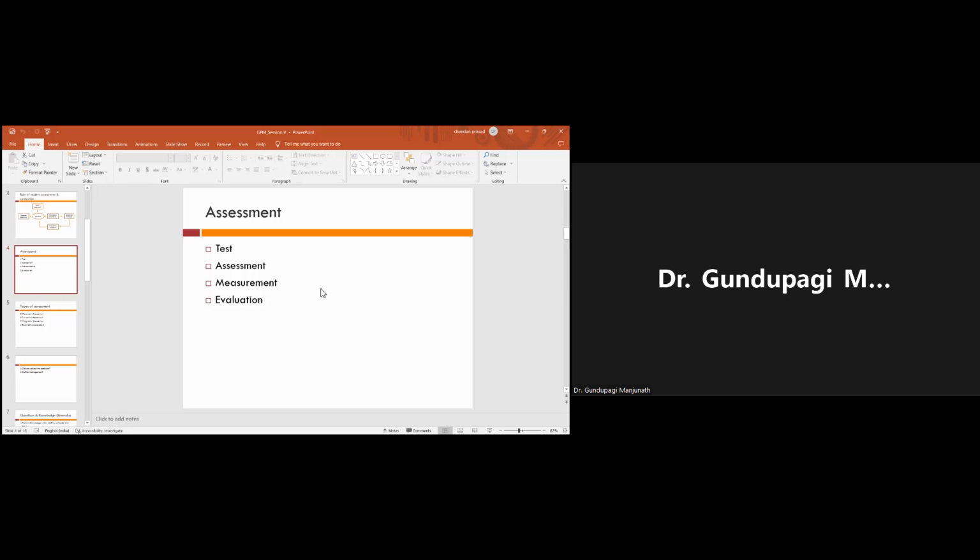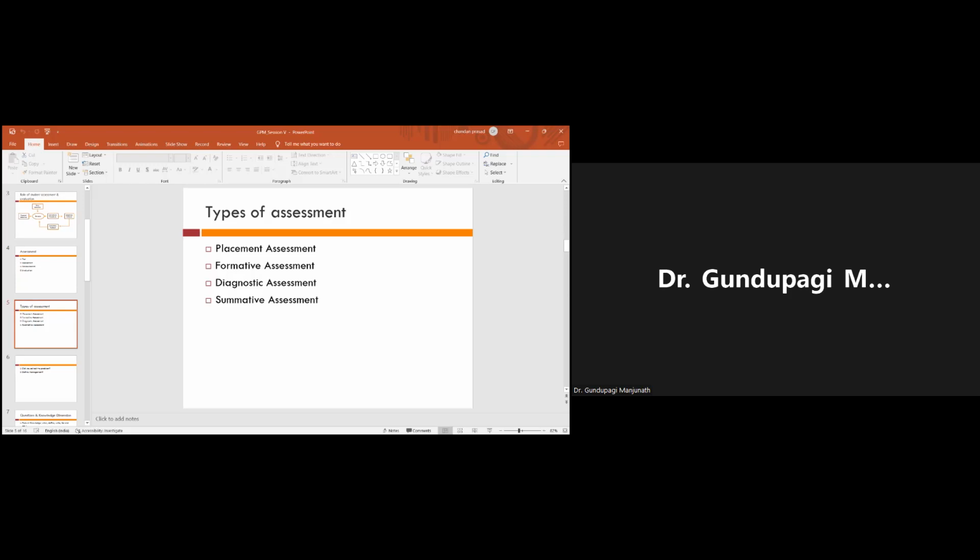If it is clear, I'll move to the next slide. The different types of assessments. Different kinds of assessment procedures are there, as I told you, in the teaching learning process, which can be classified and described in different ways.